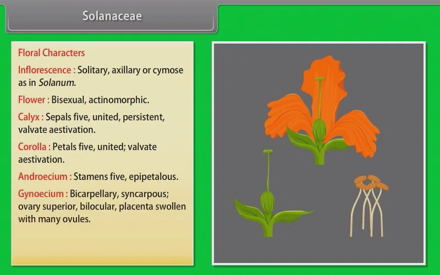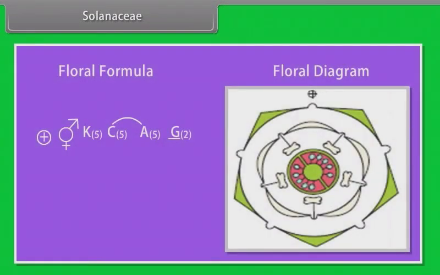Gynoecium bicarpellary, syncarpous, ovary superior, bilocular, placenta swollen with many ovules. Fruit, berry or capsule. Seeds many, endospermous. Floral formula is, and this is the floral diagram.